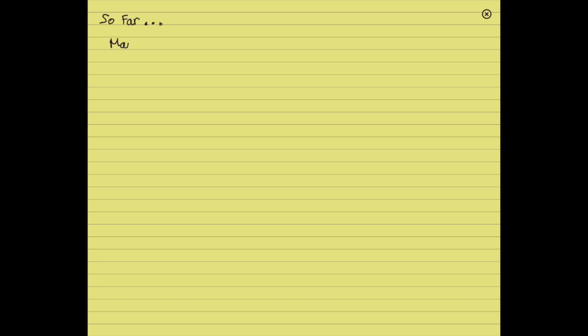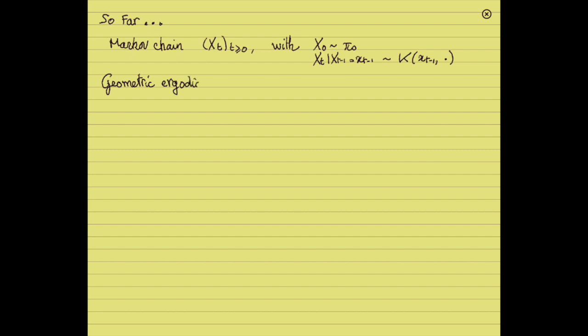So far, we've looked at Markov chains denoted by X_t, with initial distribution pi_0 and transition kernel denoted by capital K. And in particular, in chapter 3 of the lecture notes, we've looked at geometric ergodicity.